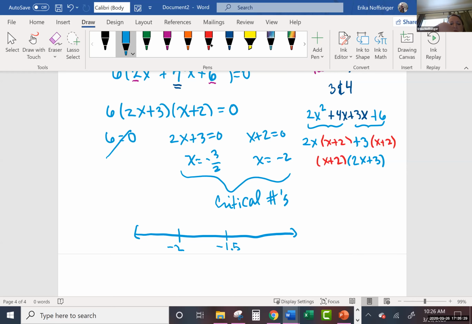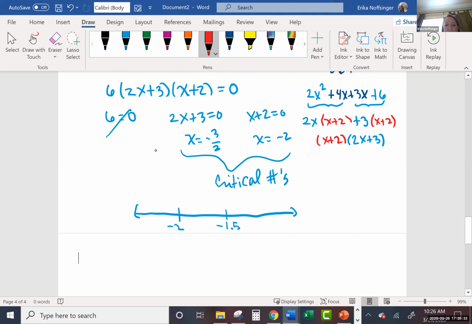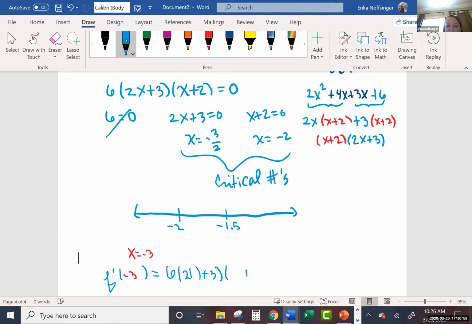And so if we choose something to the left of negative 2, so negative 3, and we plug it back into the first derivative, we want to see, is it positive or negative? I don't really care what the number is. I'm just curious, is it positive or negative? Well, 6 times 2x plus 3. So x is negative 3, all times x plus 2.